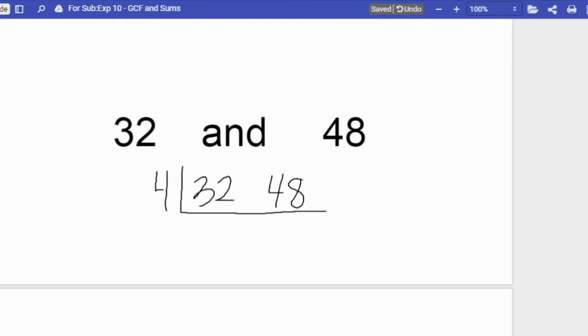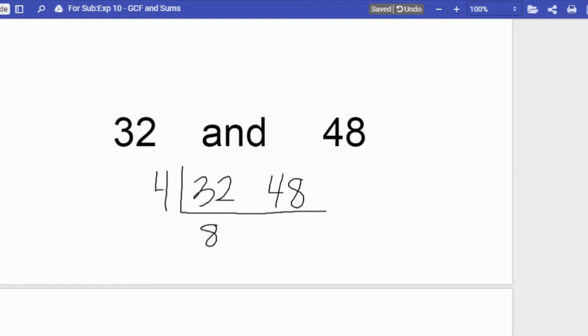Again, I always like to start with the smaller one, and I try to think of what numbers get me 32. Because they're both even, I know that 2 does. So I could pull out a 2, but if there's something bigger, it helps me not to have to do so many levels of my ladder. So in this case, I'm going to pull out a 4. I know that 4 goes into 32 and 4 goes into 48.